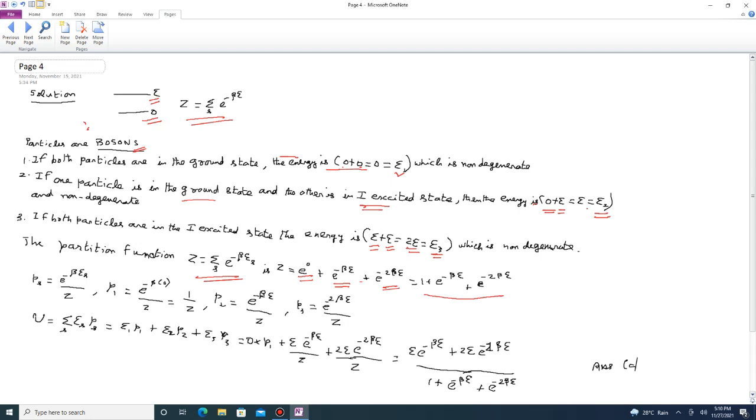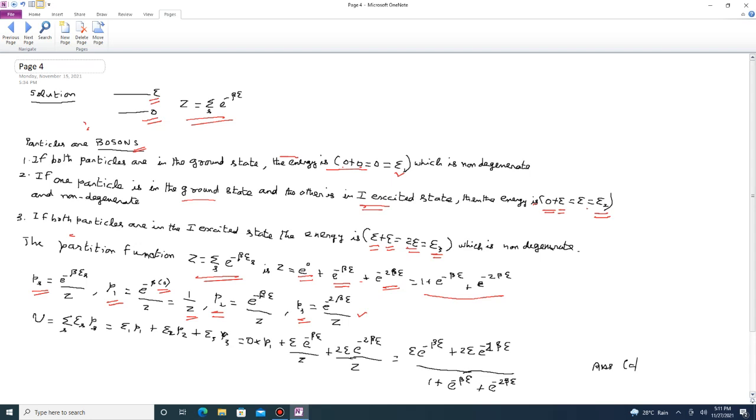Now let us calculate P_s, the probability. This is the expression for P_s. Let us find P1: E1 is 0, therefore the numerator becomes 1, so P1 is 1 by Z. P2 is e power minus beta E divided by Z, because E2 is E. Similarly you can calculate P3: the energy is 2E, therefore P3 is e power minus 2 beta E by Z. So you have calculated P1, P2, P3.